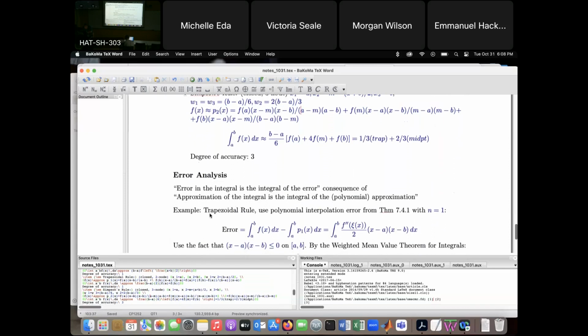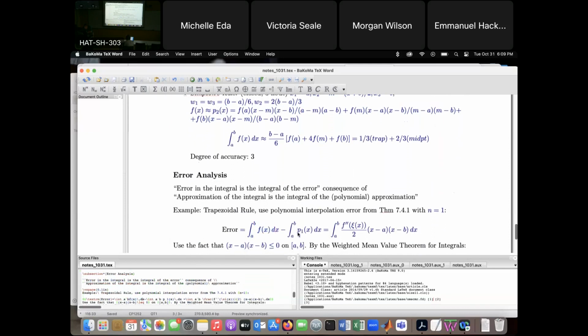So I'll show you what that means for the trapezoidal rule. In the trapezoidal rule, we're approximating the integral of f by the integral of this first degree polynomial that I showed you earlier that interpolates f at the endpoints a and b. So the integral of f minus p1 is the interpolation error, and we know what that is.